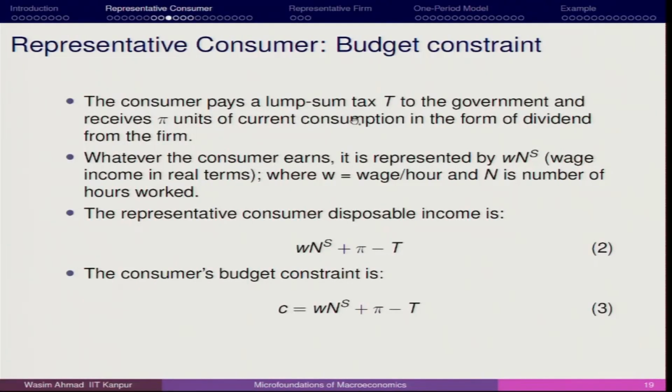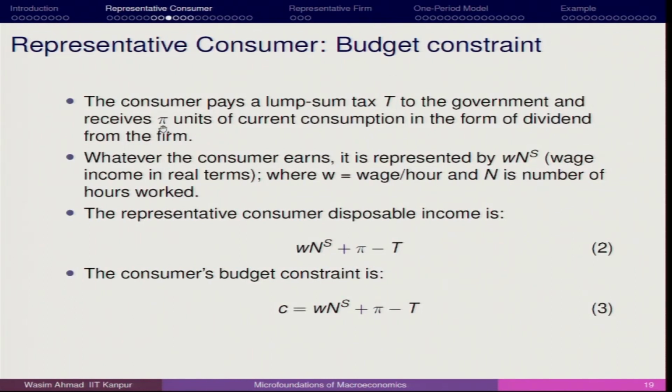When I say there is a lump sum tax T, in the economy, when you are born, two things are certain: one is death and the other is tax. So, every agent is supposed to pay some amount of tax to the government, and the government collects that tax, which will be the amount T. We are not considering a proportional tax, only a lump sum tax, which means that some fixed amount of income will be deducted as tax by the government.